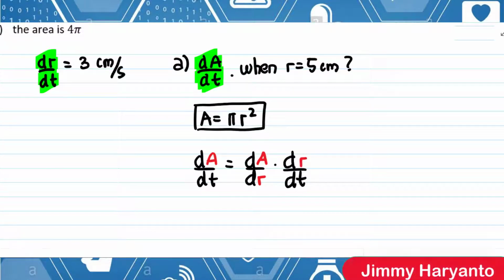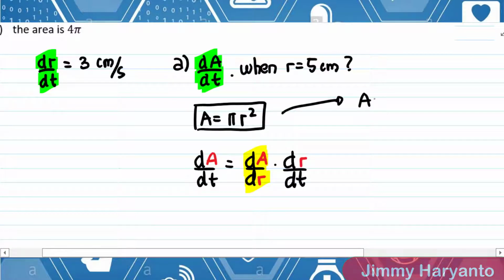So what do we need for this formula? We need dA over dr, and we don't have it yet. What is the meaning of dA over dr? That means you have to differentiate area with respect to the variable r. From A equals pi r squared, you have to differentiate it.